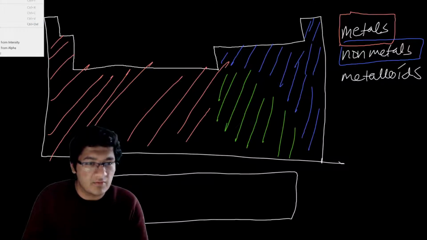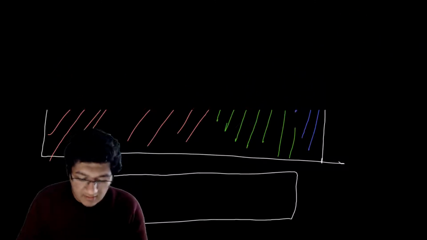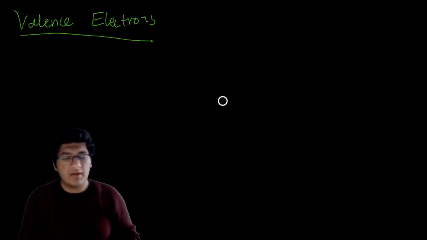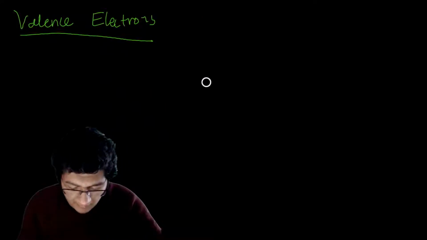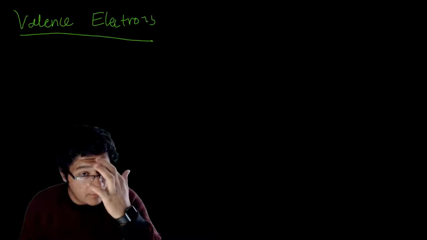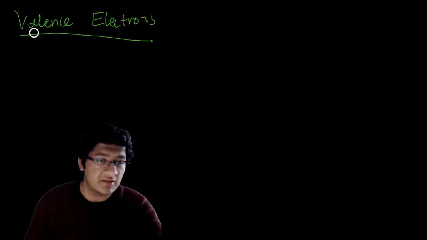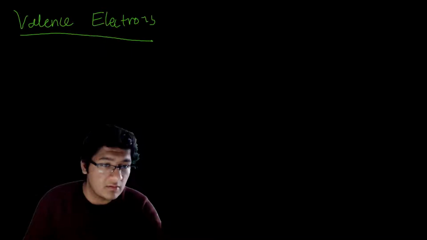So I'll just clear the board once again, and then we'll talk about valence electrons. Let's go over a bit about what we had talked about before, with how the atomic structure is not necessarily what we determined it to be.